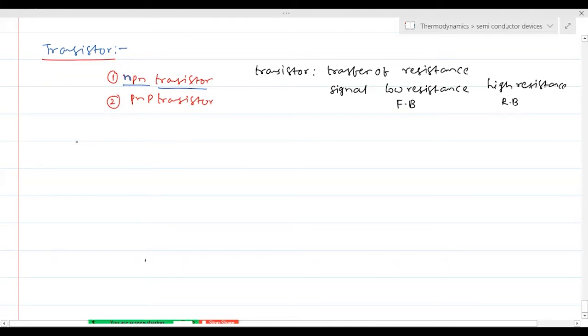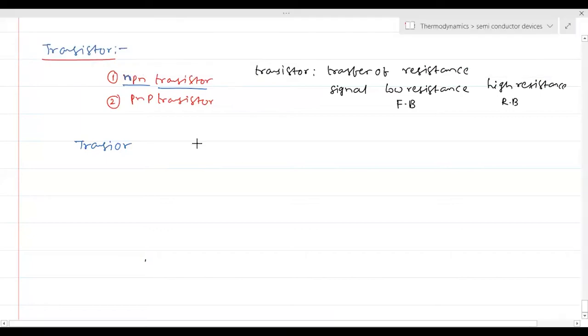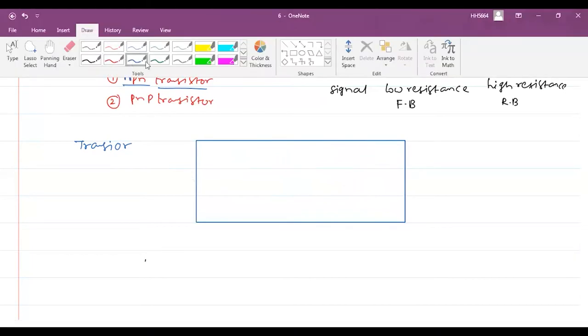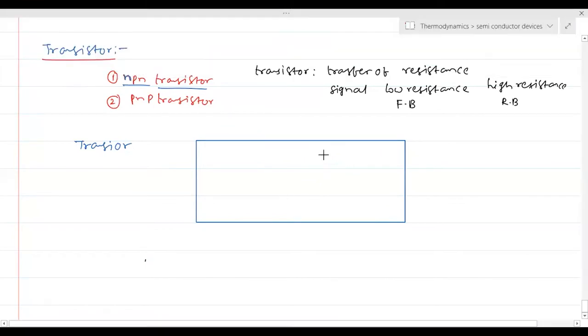In any transistor we have three regions. Whenever we think of a transistor, there are the emitter, the base, and the collector.